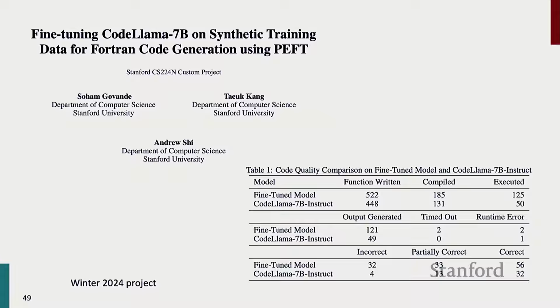So, here's an example. Lots of work has been done on producing code language models. And so these people decided to improve the generation of Fortran. Maybe they're physicists, I don't know.